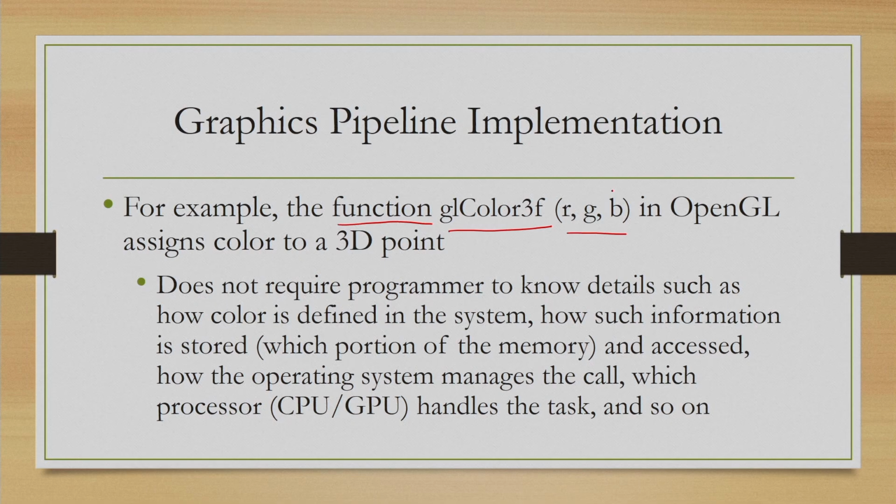So, this function is defined in OpenGL or the Open Graphics Library, which assigns a color to a 3D point. So, here we do not need to know details such as how color is defined in the system, how such information is stored in which portion of the memory and accessed, how the operating system manages the call, which processor, CPU or GPU handles the tasks and so on. So, all these complicated details can be avoided, and the programmer can simply use this function to assign color.